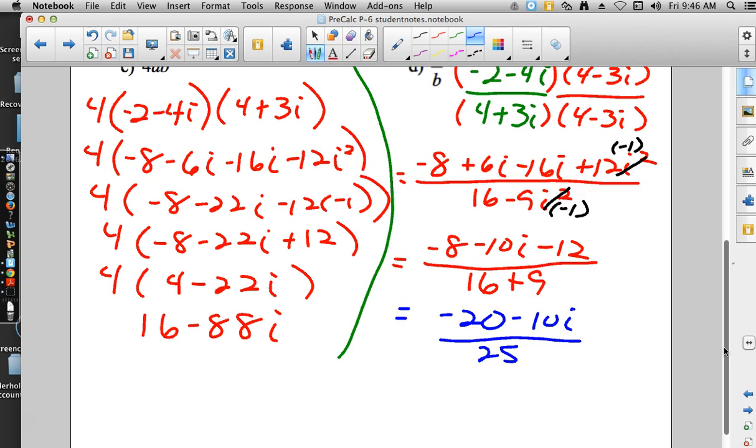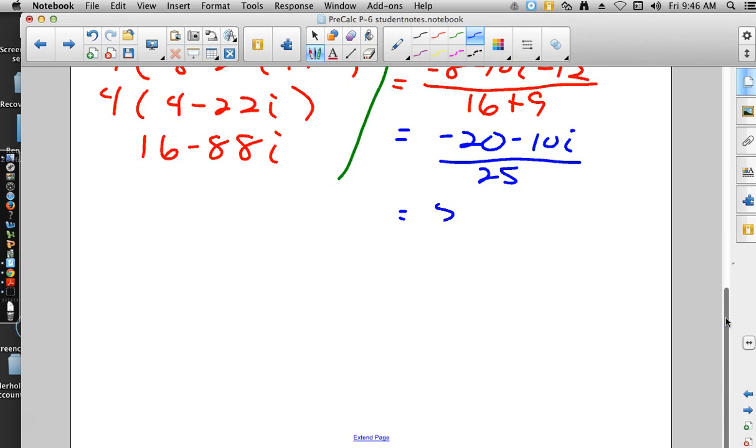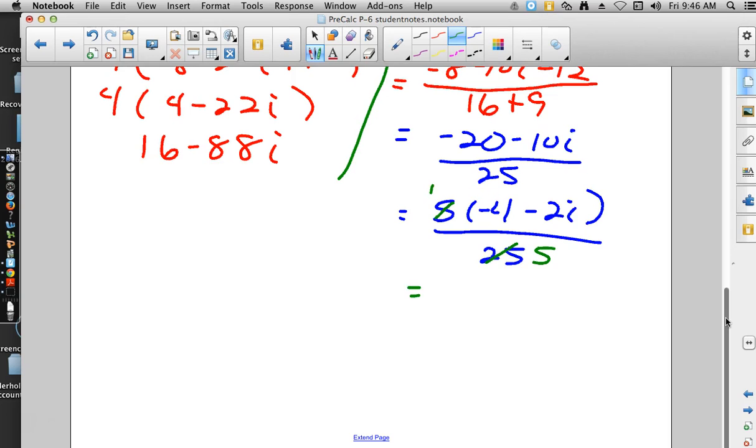So most people would say, you know what, I'm going to pull a 5 out of that, and then do a little reducer. Still not done though when we reduced it, right? What's left?